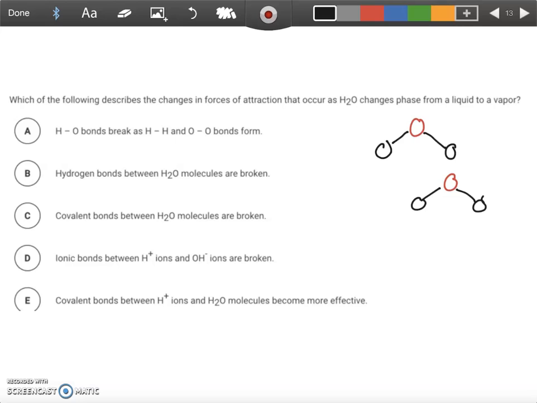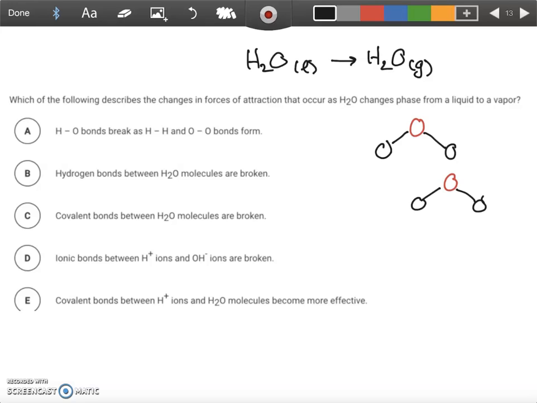Which of the following describes the changes in forces of attraction that occur as H2O changes from a liquid to a vapor? Okay, now ask yourself, as H2O goes from a liquid into a vapor, is this a physical or chemical change?